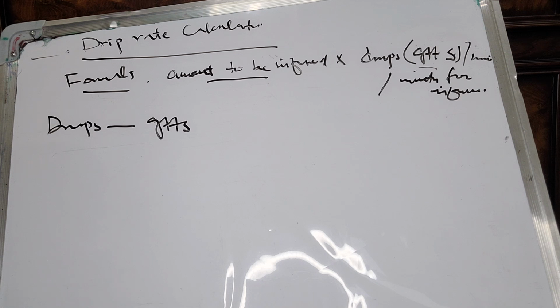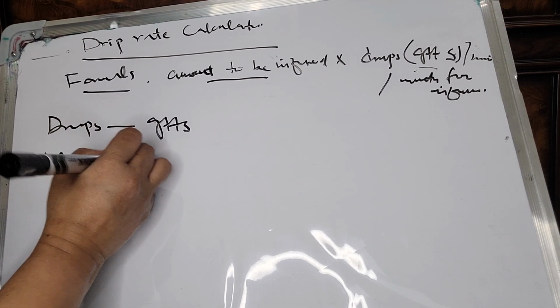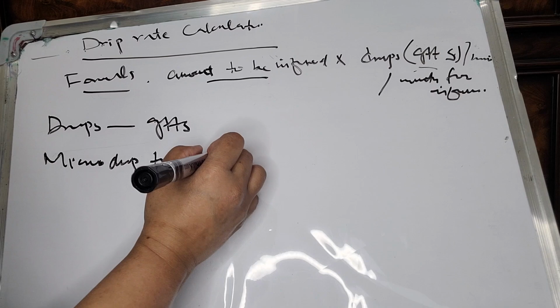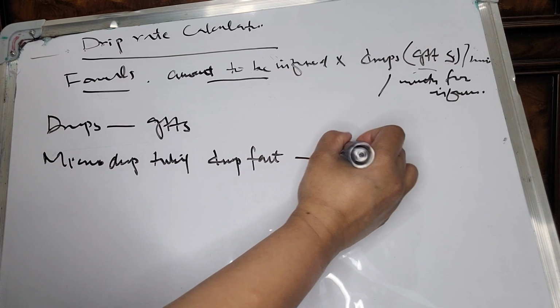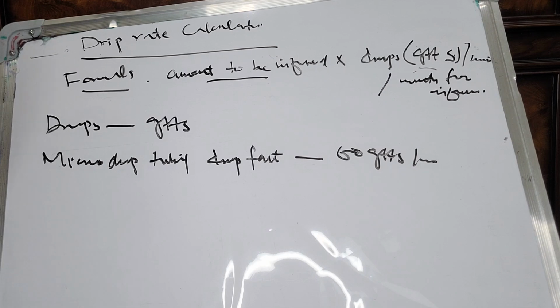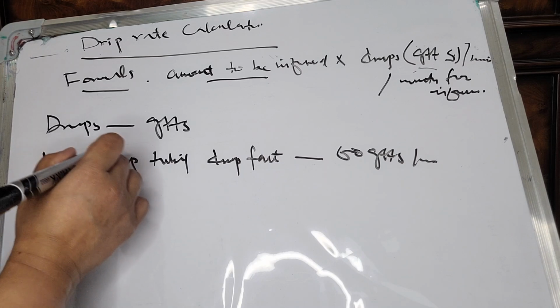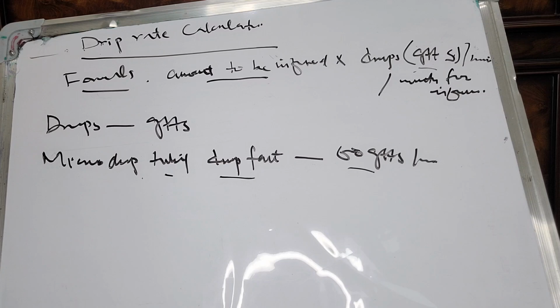For example, micro drip tubing has a drop factor of 60 GTTS per ml. The drop factor is always provided in the question.